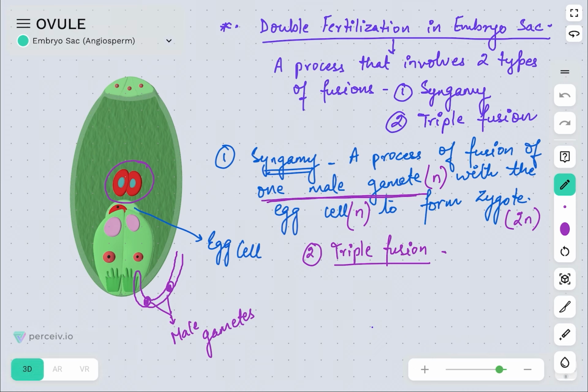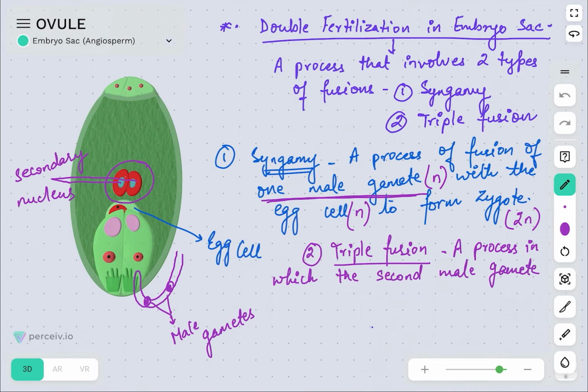That means it is going to fuse with this secondary nucleus. We know that these are secondary nucleus. And the second male gamete is going to fuse with this nucleus only. So, a process in which the second male gamete, and this is also haploid.